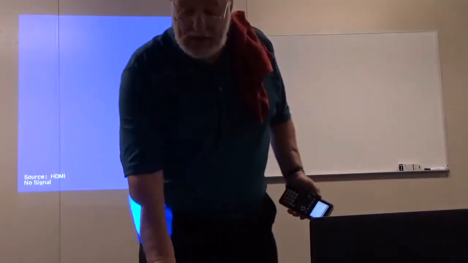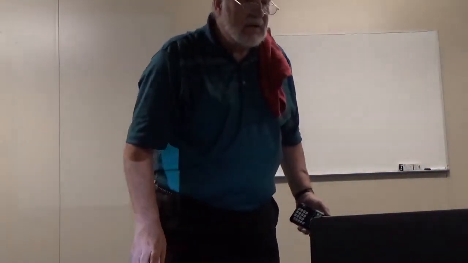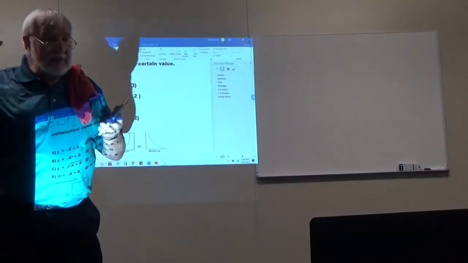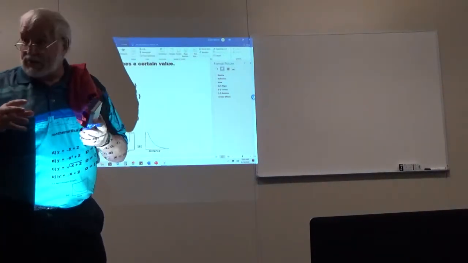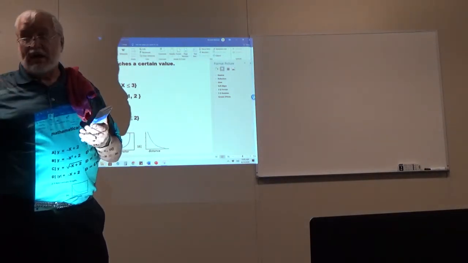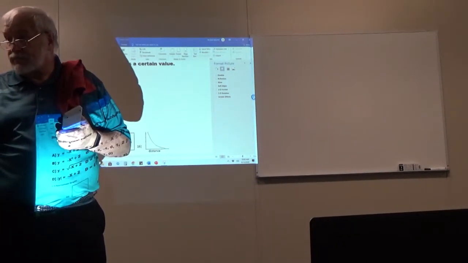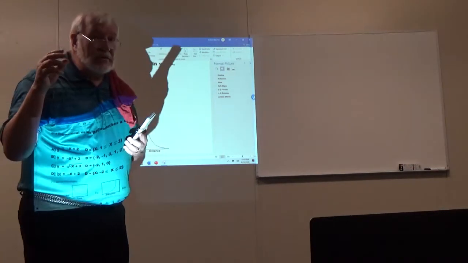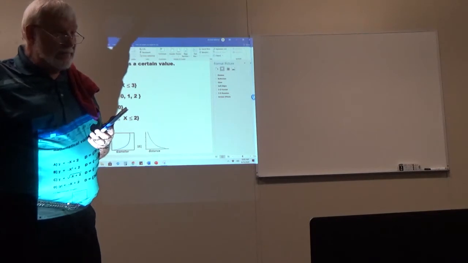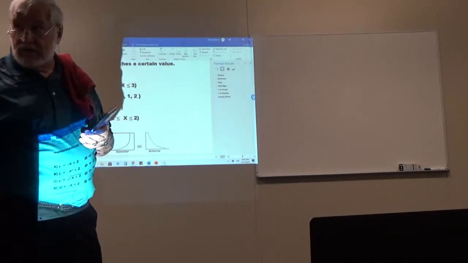Okay? So when you have graphs, it's possible to take two graphs and represent one particular situation, especially if you have a situation like y squared. What happens to an x value if it's squared?